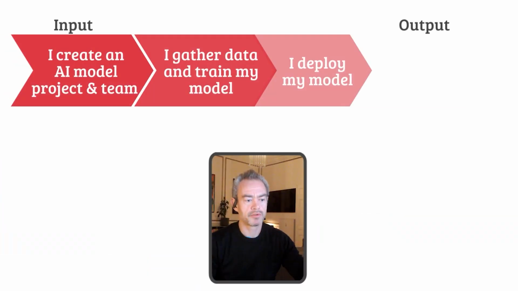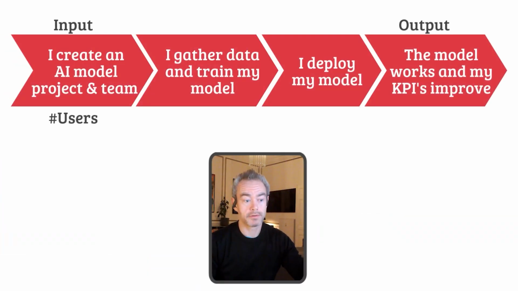Now, at each of these steps in this value chain, we will be able to measure different things. At the beginning, we will be able to measure, let's say, AI budget, perhaps, or number of users on the solution. At the next step, we will be able to measure data sources or total data throughput in terms of gigabytes or queries or some form of that.